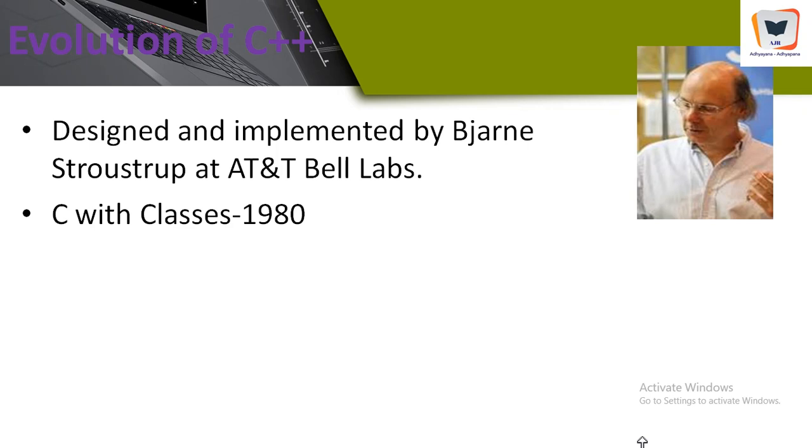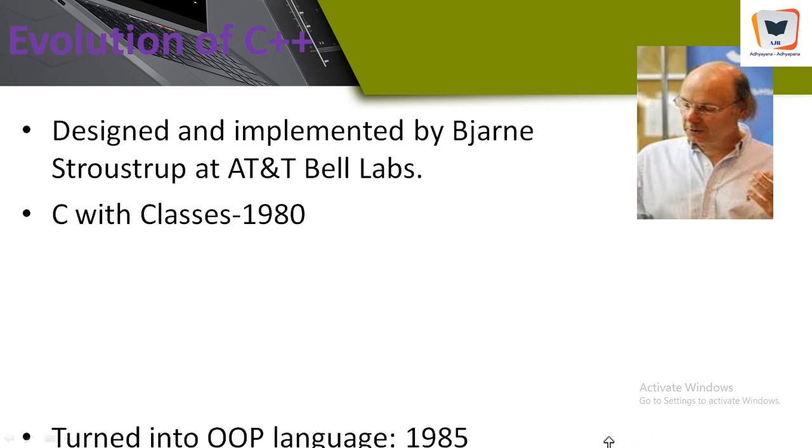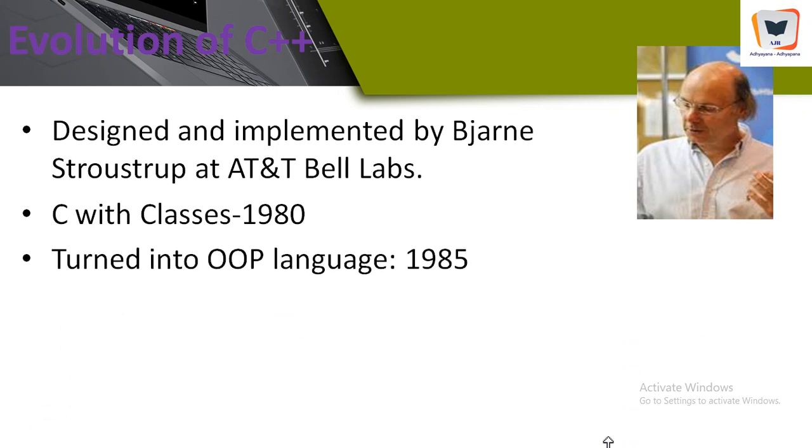The basic facilities for object-oriented programming were added in 1983, and object-oriented design and programming techniques were gradually introduced into the C++ community. The language was first made commercially available in 1985. Facilities for generic programming were added in the 1987 to 1989 time frame.